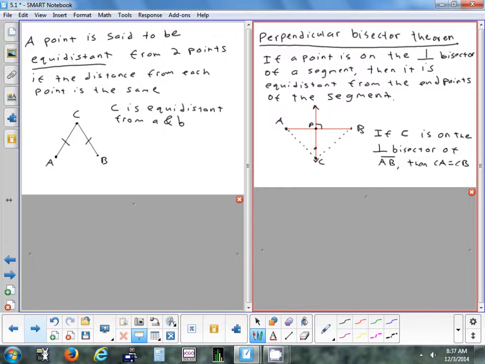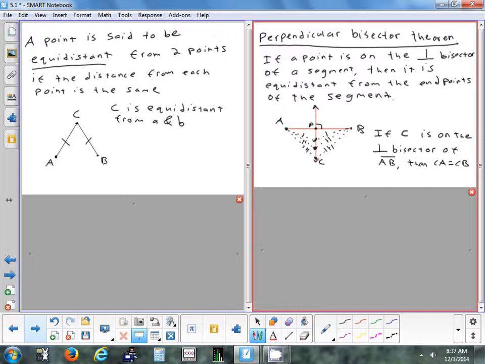In fact, anywhere that I put a point, if I measure the distance from any point on that line directly to the endpoints, directly to A and directly to B, all those corresponding distances would be the same. That one would be the same as that one. Obviously, the distance gets bigger as you get farther and farther away, but the two distances to each endpoint, that's what stays the same. Any question on that?